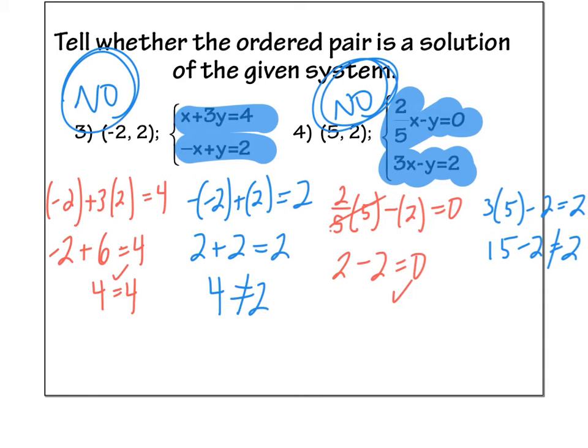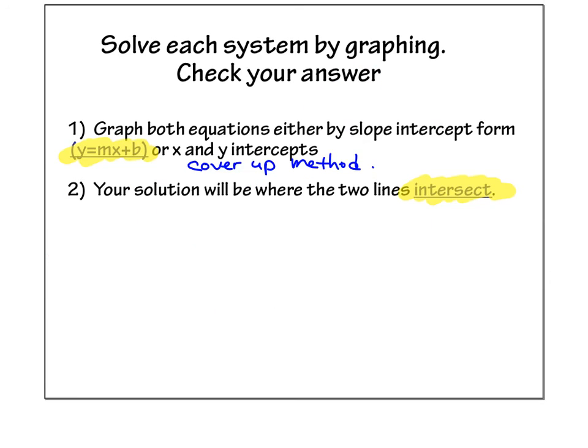So I believe we're now flipping your notes to the back page, and we have a few problems that we need to attempt, which involves graphing. Now graphing involves y equals mx plus b.